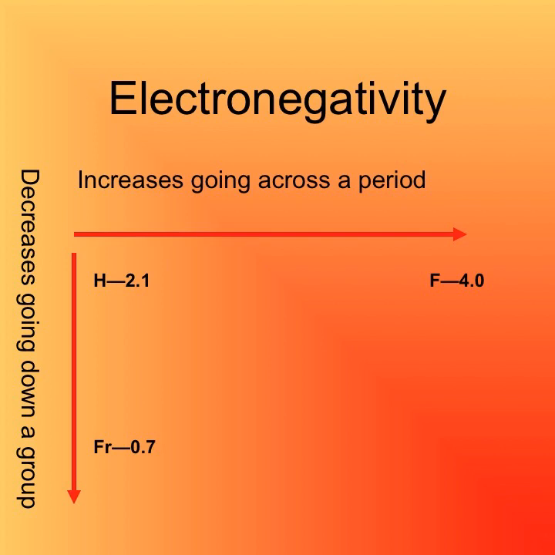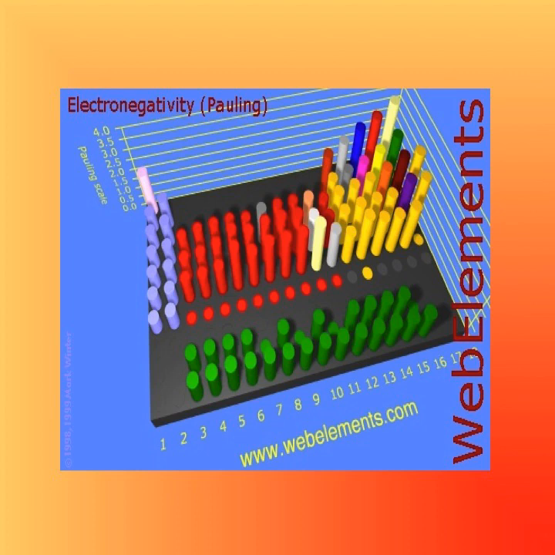That means everyone else's electronegativity value is set relative to fluorine. So hydrogen's is 2.1 and francium's is 0.7. And that poor old 0.7 means francium doesn't really want to gain another electron. You can see on the Webb Elements diagram that electronegativity will increase as you go across and decrease as you go down.